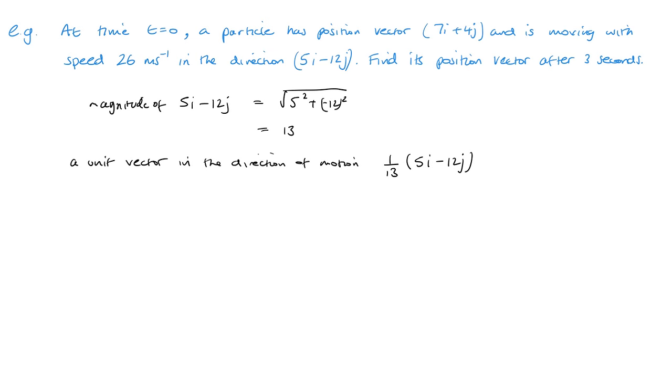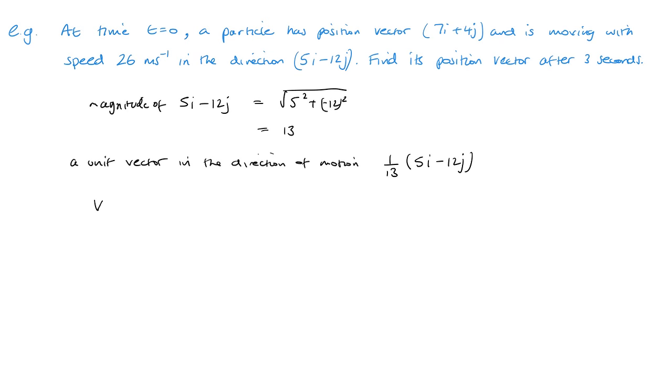Because what we're doing is going 5 across, 12 down, which is currently 13, but we want this value to be 1. So we divide by 13 to get 1 unit in that same direction. It's important to do that.